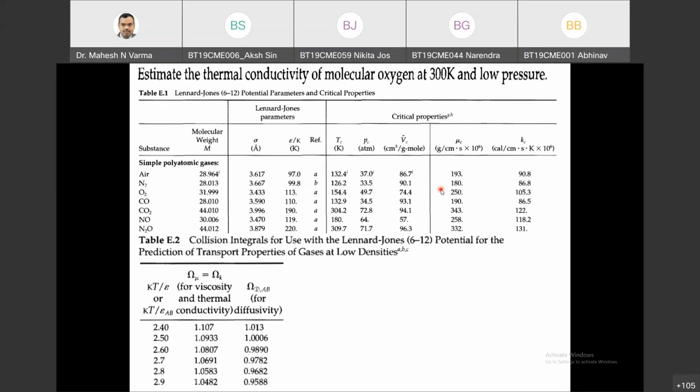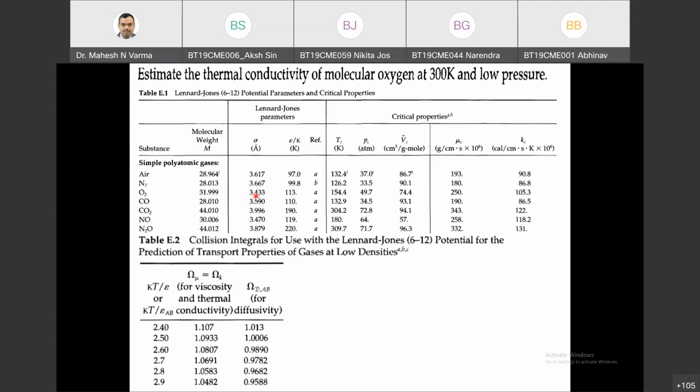Which properties are important, Nikita? Sir, first we find the molecular weight, 31.999. Then the collision diameter is 3.433. Very good.